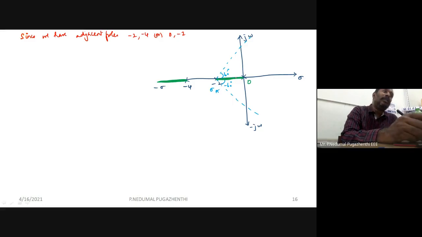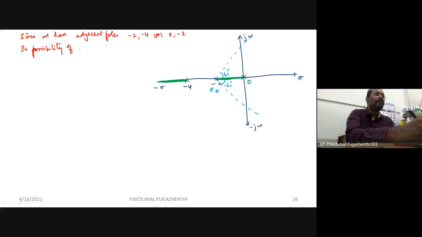It doesn't have any zero or anything between them, so we say it is adjacent. So there is a possibility of a breakaway point. If we have an adjacent pole, then there is a possibility of a breakaway point. If you have an adjacent zero, then there is a possibility of a break-in point. We have discussed that in the step-by-step methods.